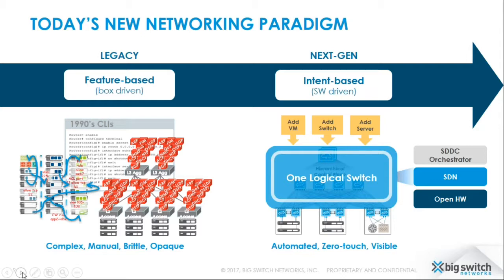So rather than treat individual switches and routers as independent, autonomous devices, as we see on the left in a traditional network, here at Big Switch we treat each of the individual switches as part of a single logical entity. And in order to consolidate the network into a single logical switch, we leverage SDN and a controller, and this provides the single point of management that we're going to focus on today.